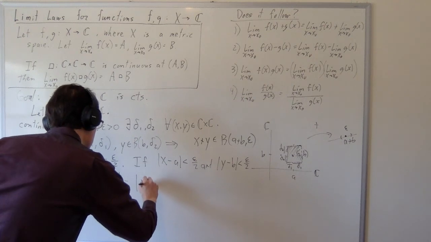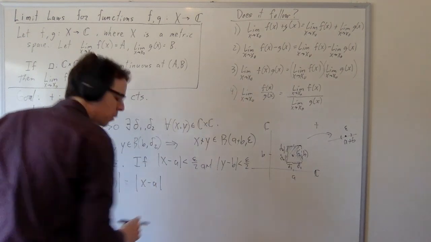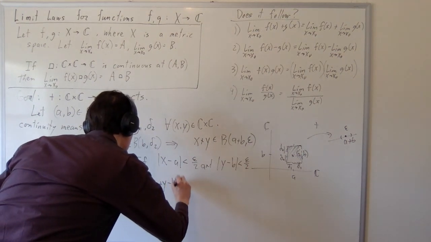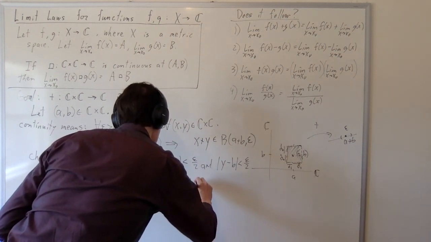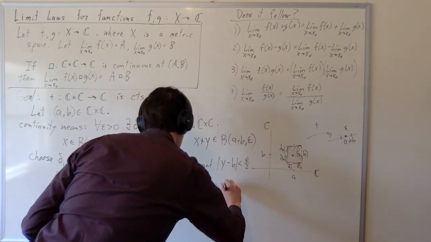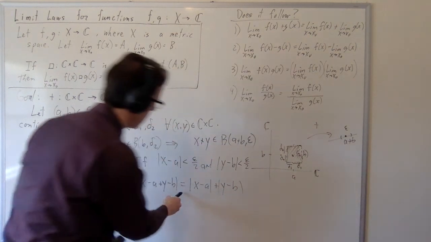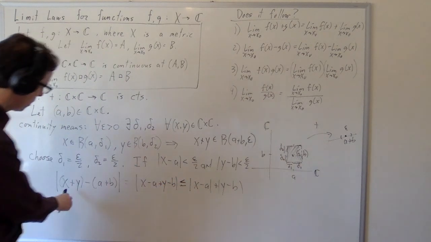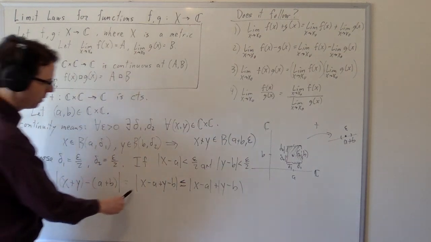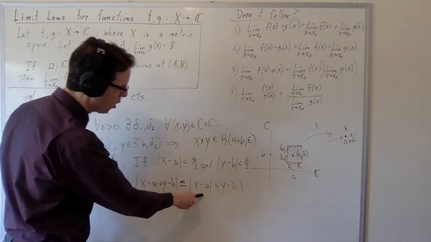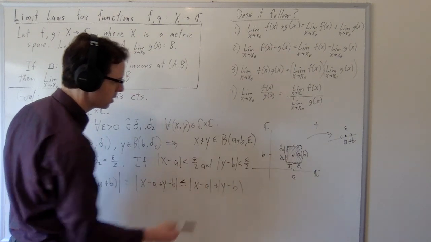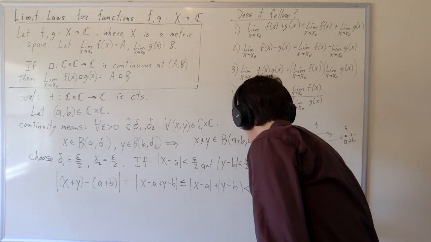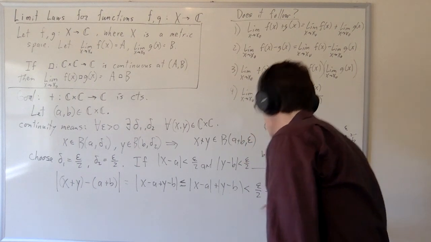The distance from x plus y to A plus B is, well, let me do this in two steps. That's the absolute value of x minus A plus y minus B, which can be split. That's the application of the triangle inequality right there, which means this should be less than or equal to the distance from x to A plus the distance from y to B, which is bounded by epsilon over 2 plus epsilon over 2, which of course is epsilon.